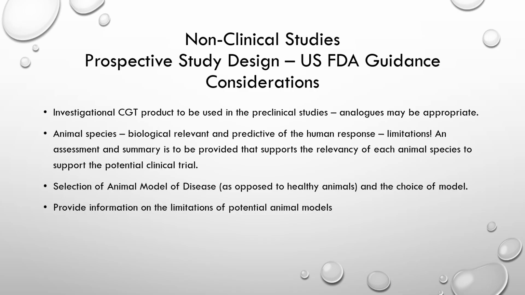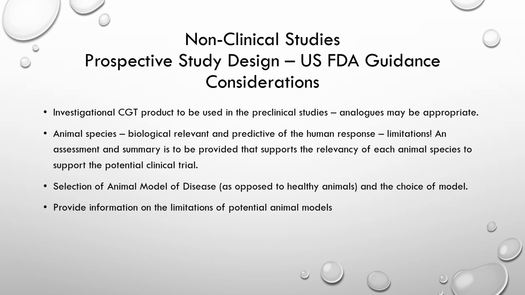And as we said, there are limitations with regards to animal species and animal disease models, and you need to provide that information and discuss the limitations of the potential animal models.